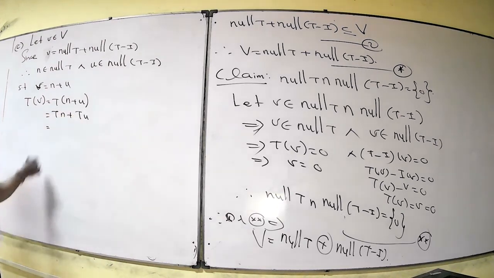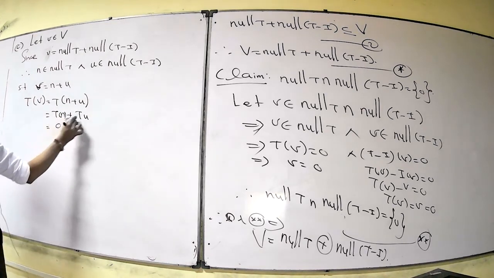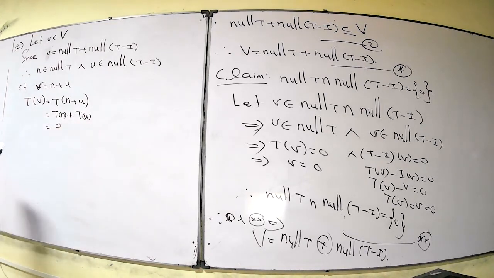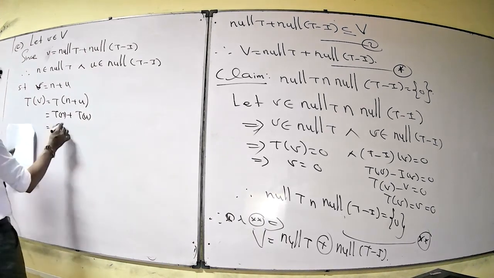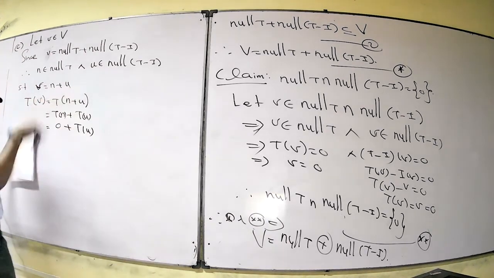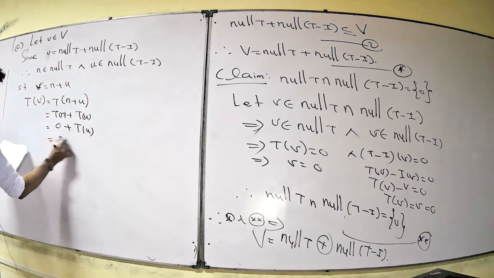But n belonging to null of T means Tn is 0. And T of u, as already defined in the previous part, T of u equals u.